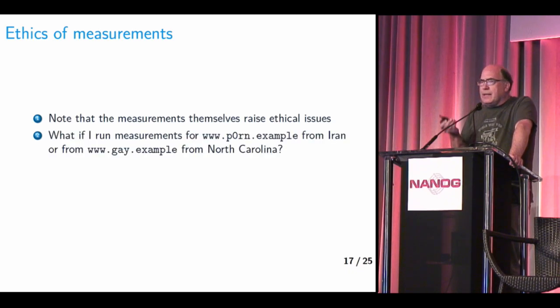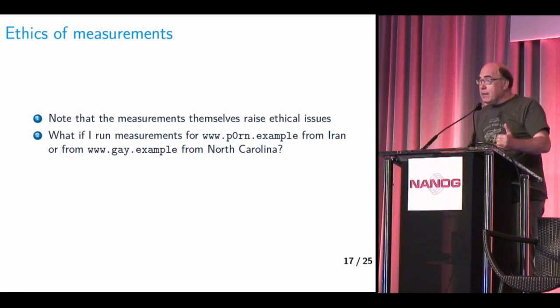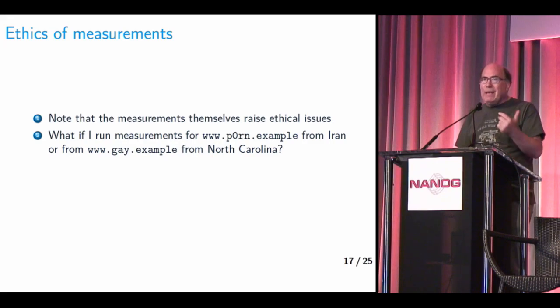Imagine, for instance, that I run a measurement for www.porn.example, and there is an Atlas probe in Iran, and someone is watching what the probe is doing. The people hosting the probe can be in trouble. So this is something to keep in mind. It's not really a problem in a country like France, but when you investigate in a country that you don't know, where you don't know exactly what the people are risking, it can be a problem.